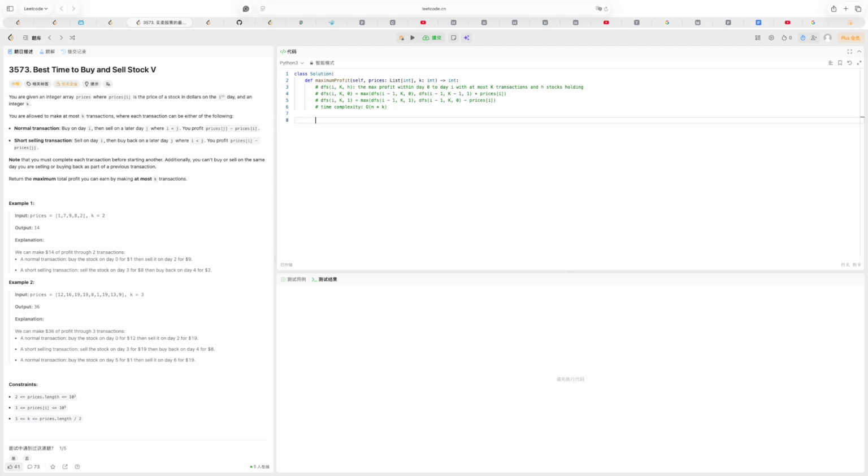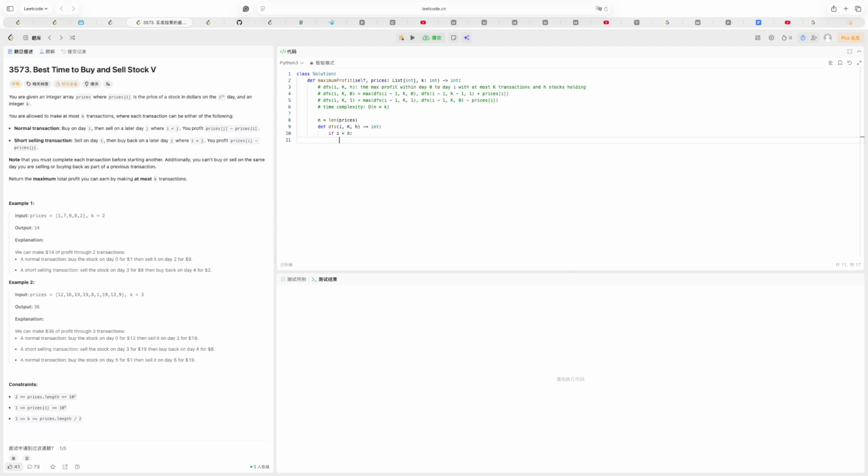Okay, so we will start with n as the length of prices, and dfs(i, k, h) returning the maximum profit, int. For the boundaries, when i is smaller than 0, it should be valid only when h is 0, because we cannot hold one stock when the day hasn't begun.